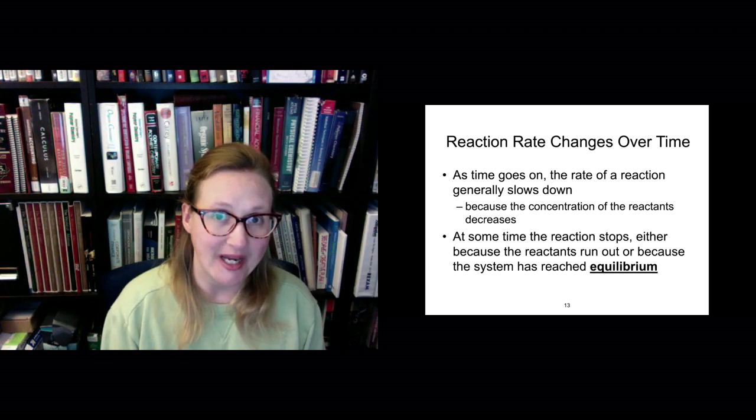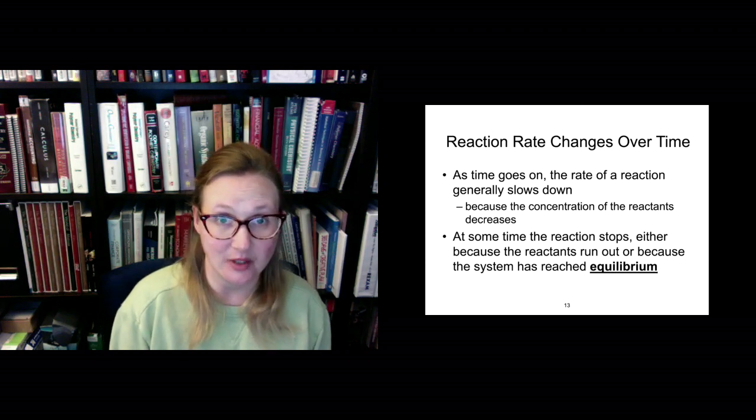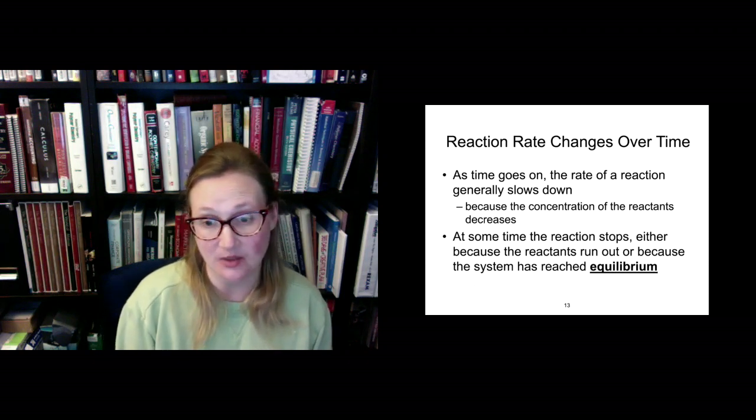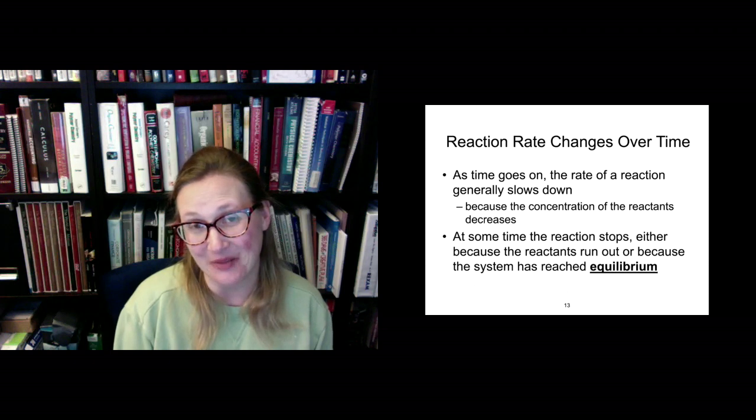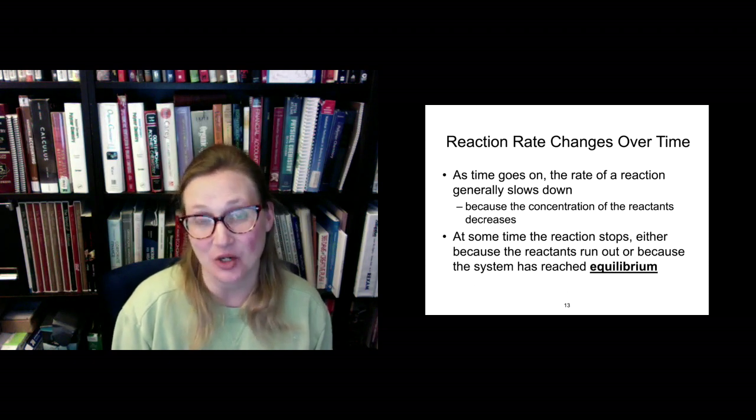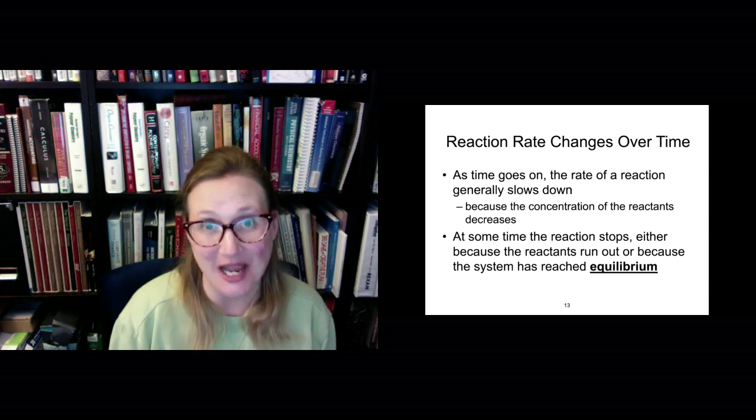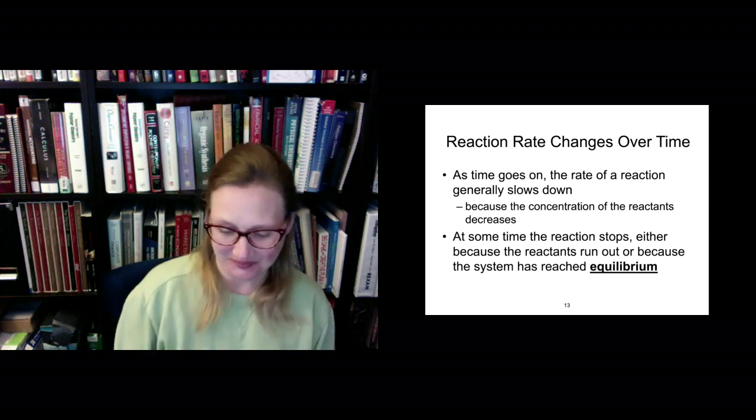So if the concentrations don't change, the system has reached an equilibrium. What that means then is that you have some concentration of reactants and some concentration of products that are no longer reacting with each other. All right, so that's it for video 1.